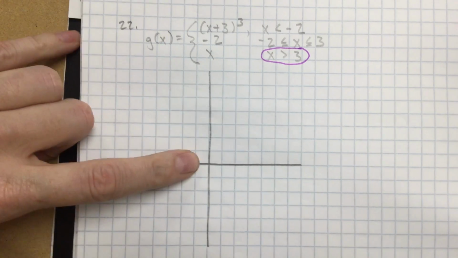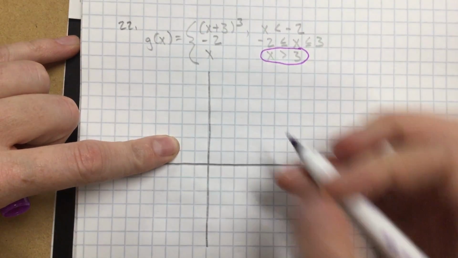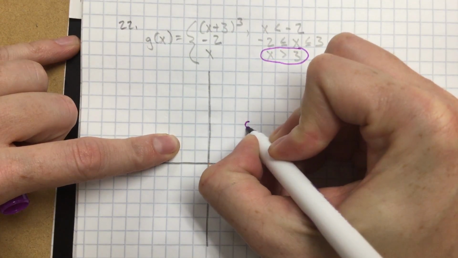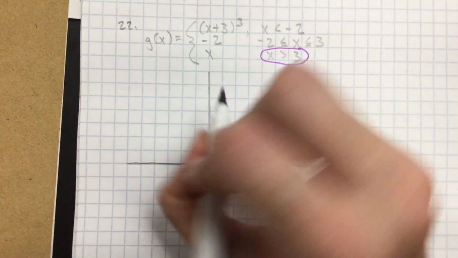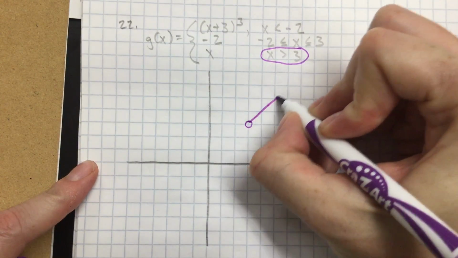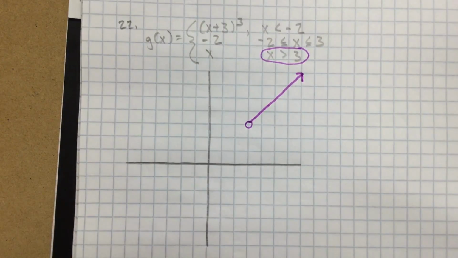So, you have your line y equals x here going through the origin. Here's 3, and I'm going to put an open point because your inequality doesn't have a line under it. It's not closed. So that point continues on out. Okay? That took care of that part.